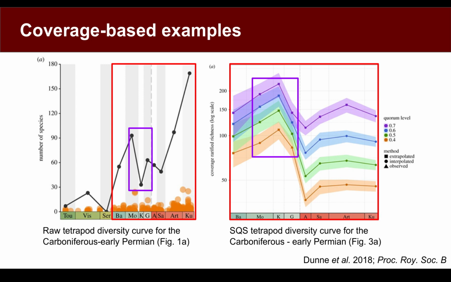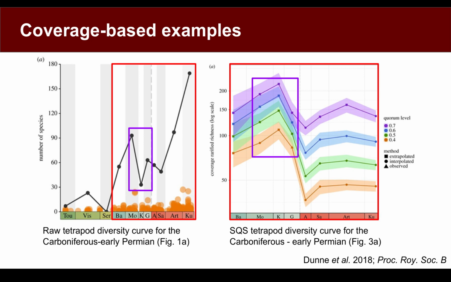These methods can be, again, really important in terms of how they can change our perceptions of what's going on with diversity once we consider sampling bias. Here's an example where things get changed completely. On the left here we have raw tetrapod diversity, that's what the black line is, and we're looking at an interval through the Carboniferous to early Permian in tetrapods.